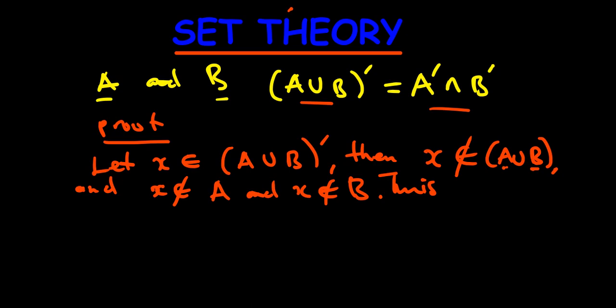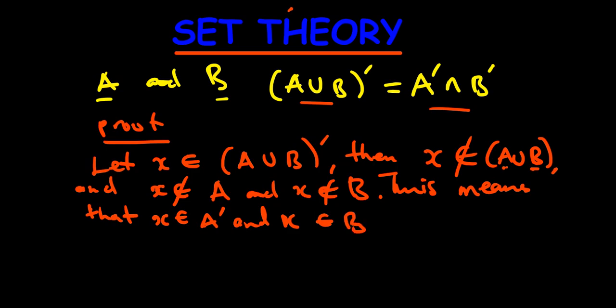This means that if it's not in A, then X is a member of A complement, and X is a member of B complement. Since it's not in A and not in B, it belongs to A complement and B complement.